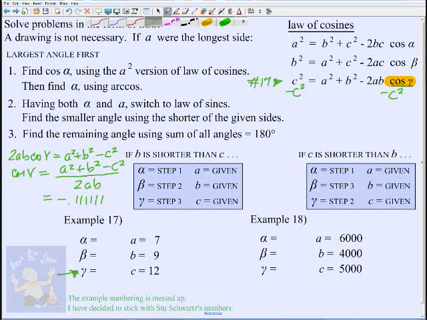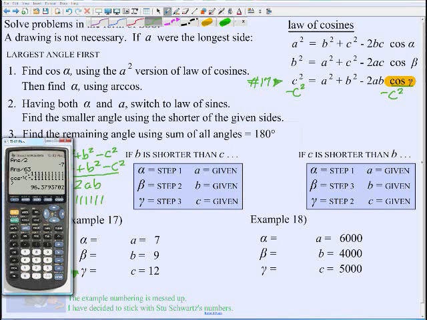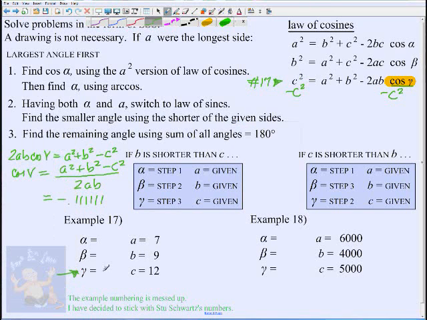All right, if I know what cosine is, I can find out what the angle is. I know it's going to be obtuse because it's negative in the second quadrant. So our cosine inverse of negative 0.11111111. I could go on and on, couldn't I? 96.4 degrees.